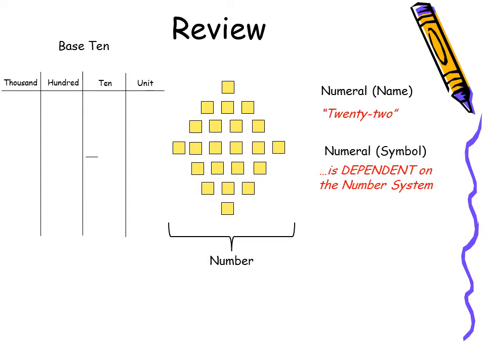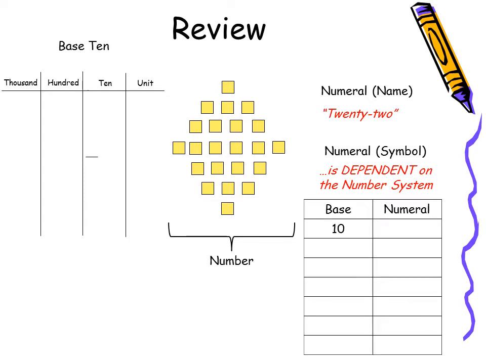Once you've named your place values, you can proceed with rewriting or converting your number into a numeral symbol depending on the base system that you're working in. And in our case, we're working in base 10 this time. Notice as I move the items over, I want you to see how they fit into the place value system.